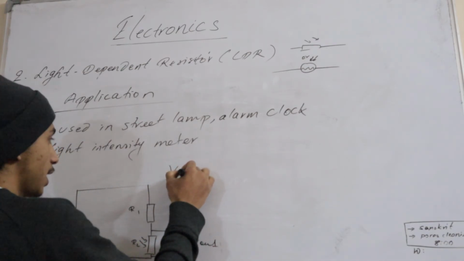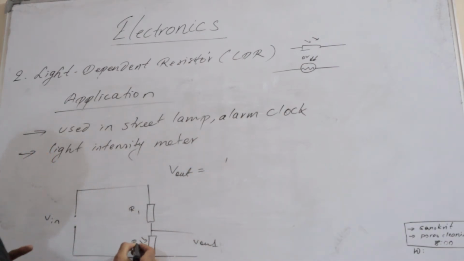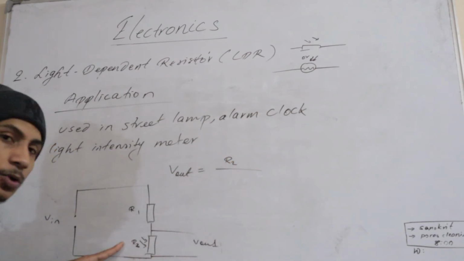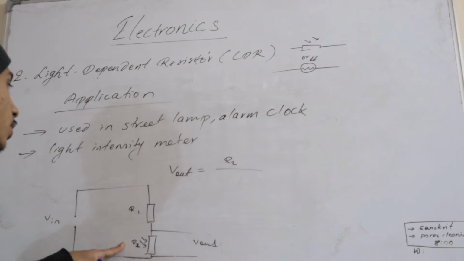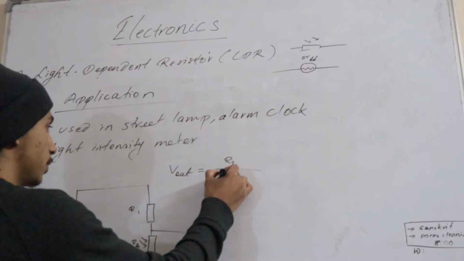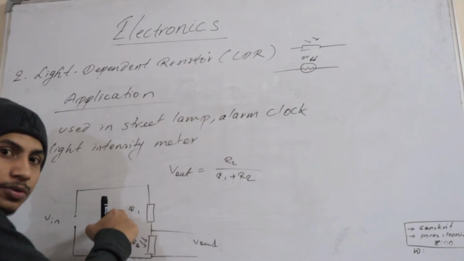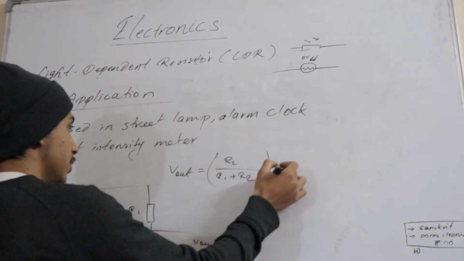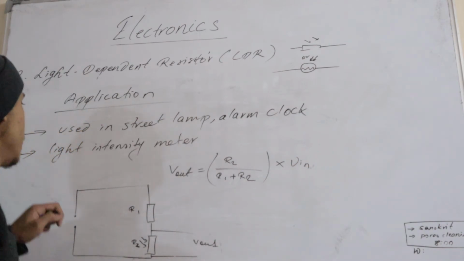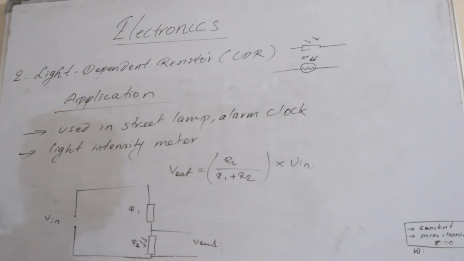To calculate voltage out, you have to see which resistor is here. Here is resistor 2, so if here is resistor 1, you write resistor 1 at the top, but here it is resistor 2, divided by the sum of both resistors, times V. This is very simple. This is the formula to calculate voltage out.